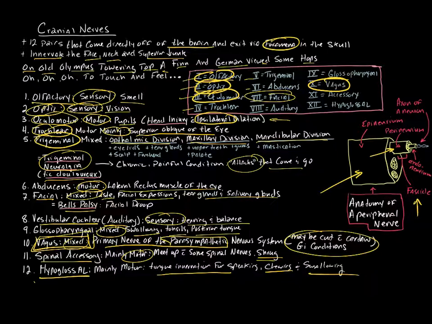And then you cut into the fascicles and you have the axons, the individual axons of the individual neurons themselves, and those axons are coated in another protective tissue called endoneurium. So endoneurium covers the axon, perineurium covers the fascicle, epineurium covers the entire nerve.